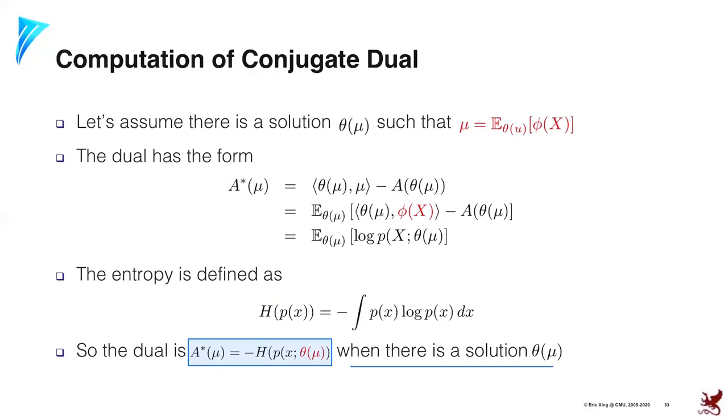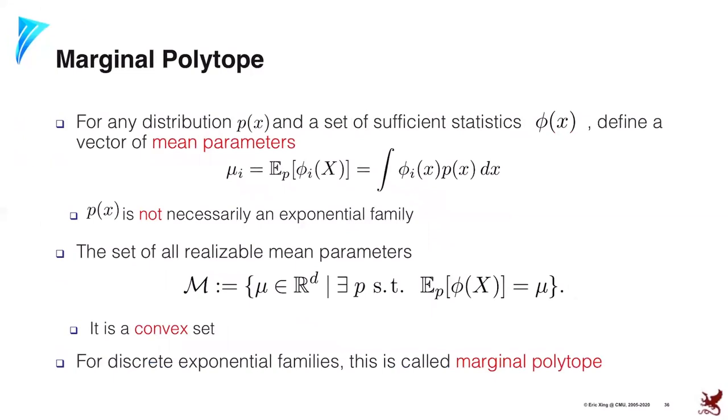So for the latter problem, that the constraint set for the mean parameters is hard to characterize, how we can solve it is by using the marginal polytope.